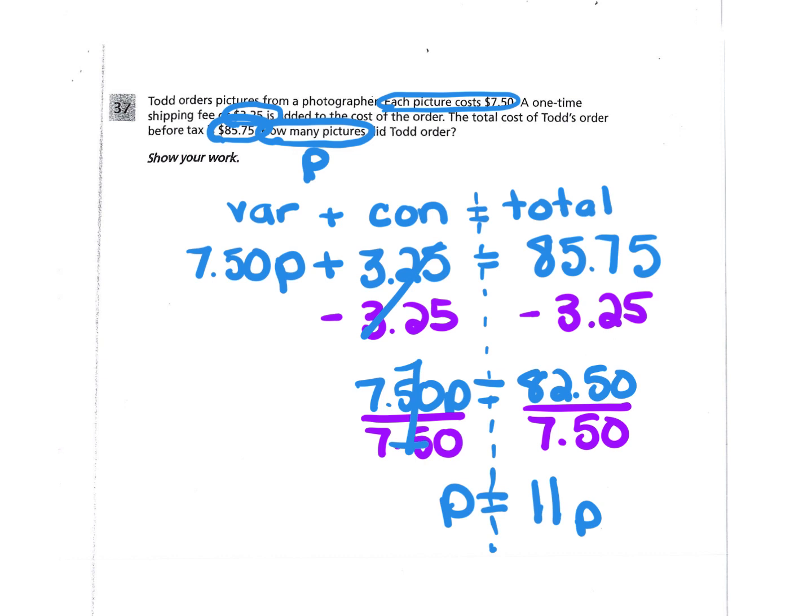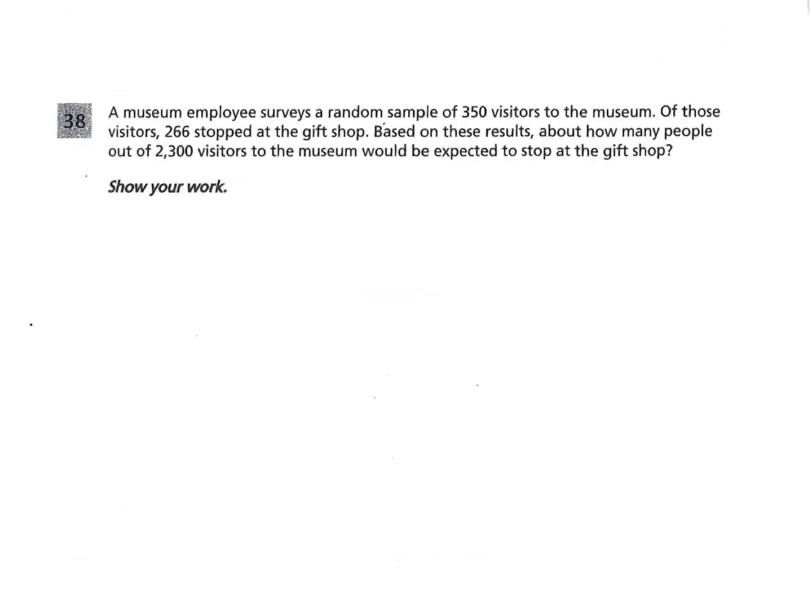Let's move on to the next page, number 38. For number 38, we're making a prediction. Problem 38. A museum employee surveys a random sample of 350 visitors to the museum.